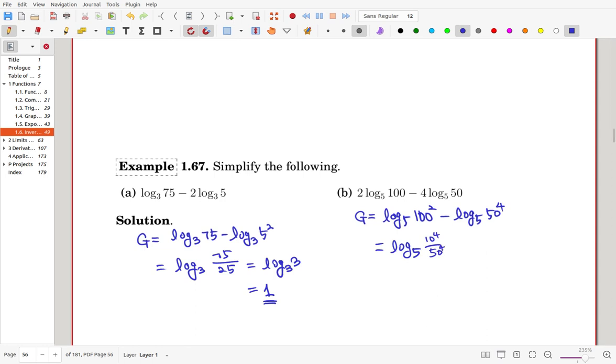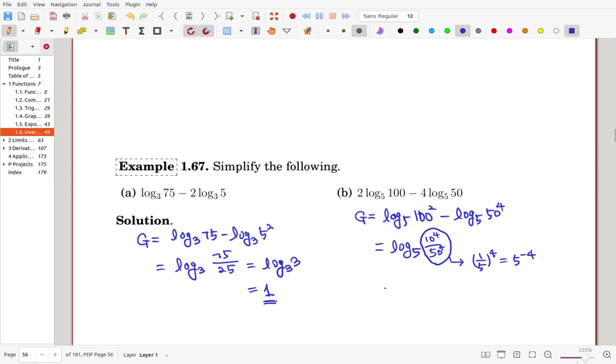Now, let's focus on this term momentarily. That is the same as 1 over 5, the ratio to the 4, right? So that is the same as 5 to the minus 4.